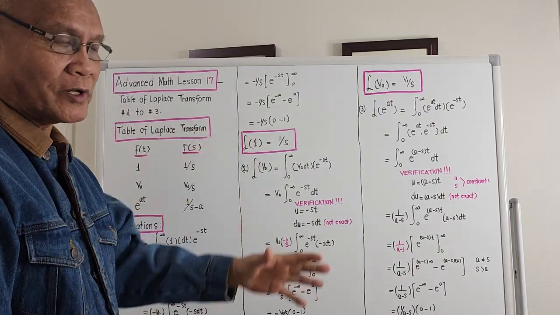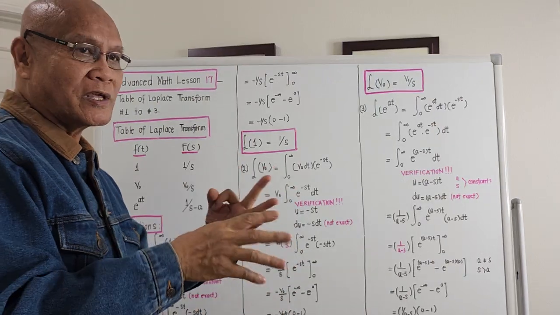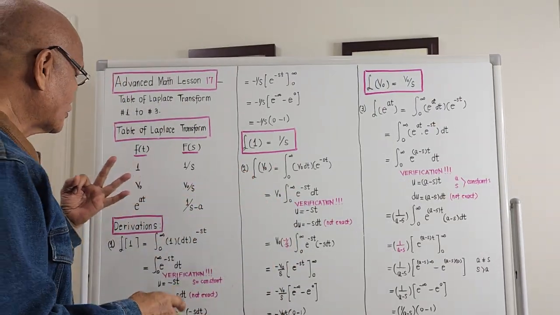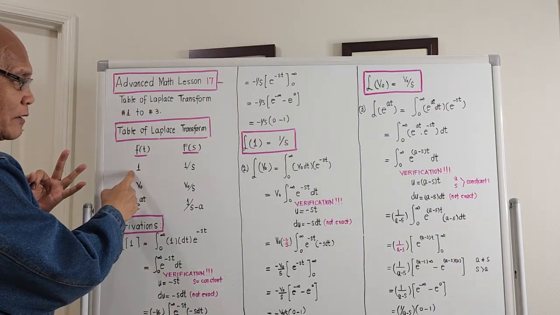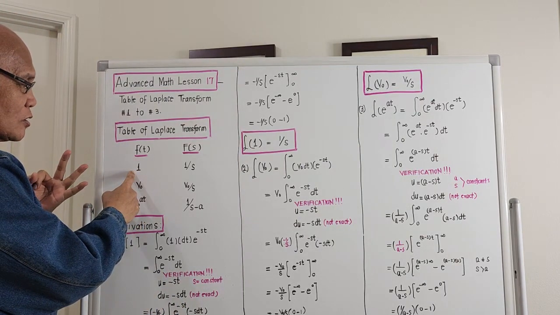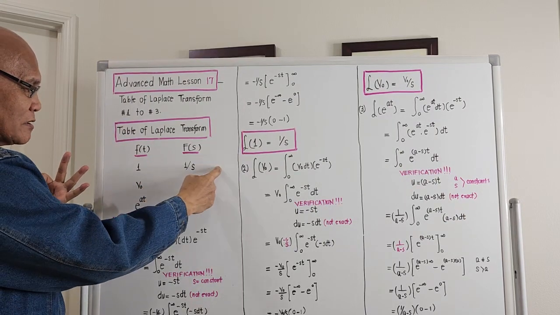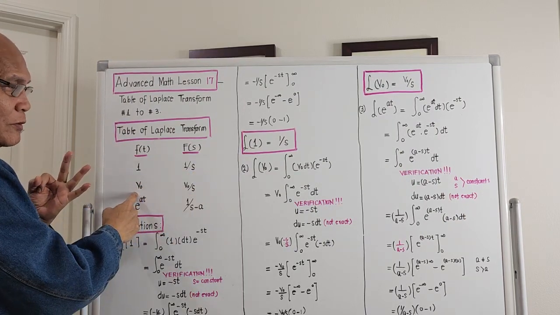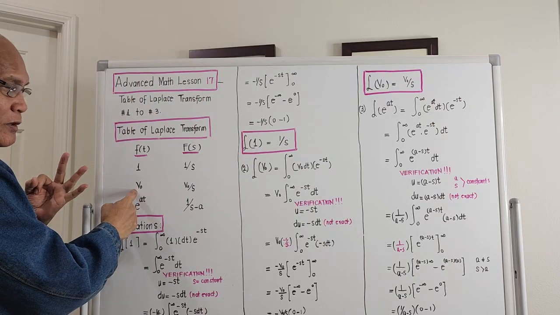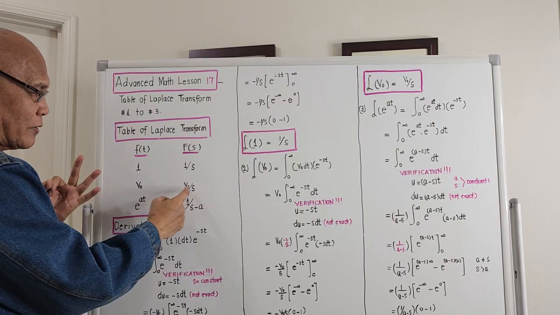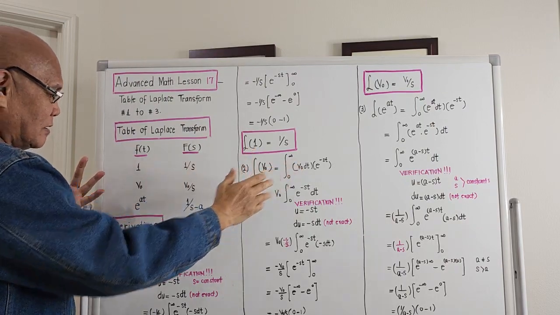And for this morning, I will be discussing the first three transformation formulas. That is the transformation of 1, okay? The transformation of this to Laplace is actually 1 over s. And for B sub 0, meaning initial voltage, B sub 0, that will be B sub 0 over s under Laplace.